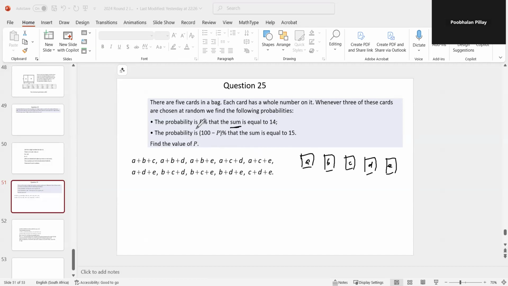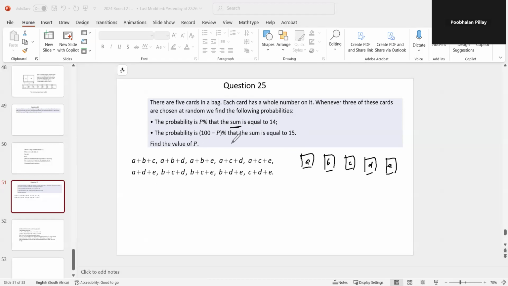Okay. Now it says the probability is P% that the sum is equal to 14, and with 100 minus P%, the sum is 15. This looks very complicated. But what we are saying here is that the sum is 14 in this case, and the only other sum is 15, because these two add up to 100%, you see. So there's no other sum.